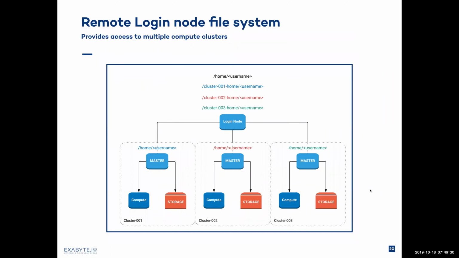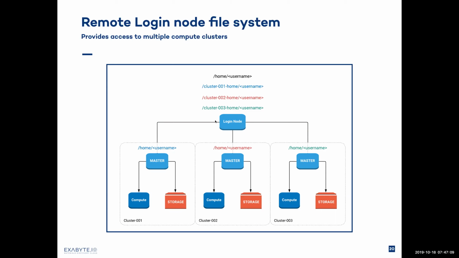Now, to be able to use the remote desktop efficiently, or any kind of command line connection, we have to understand how the remote login node file system is organized. The login node is connected to multiple clusters, as I mentioned before. So in this picture, we assume that there's cluster 1, cluster 2, cluster 3. They could have different cloud providers or different cloud provider regions, different types of computational hardware. And all of them have a master node and computational nodes and storage.